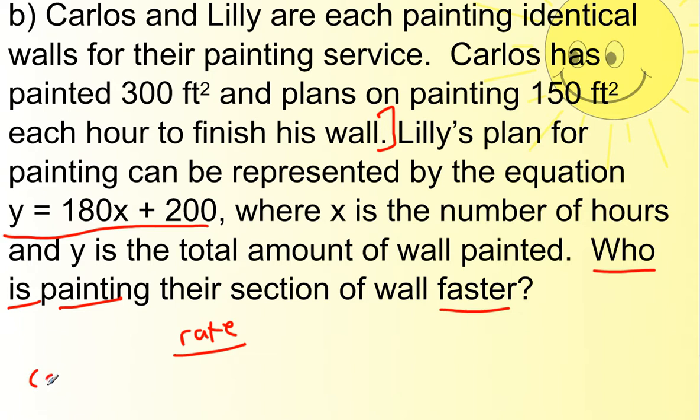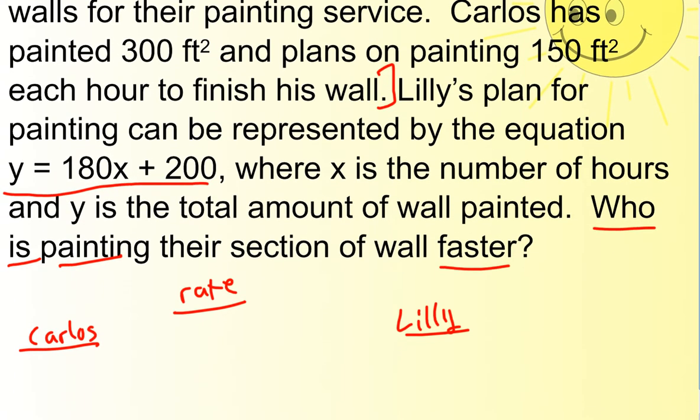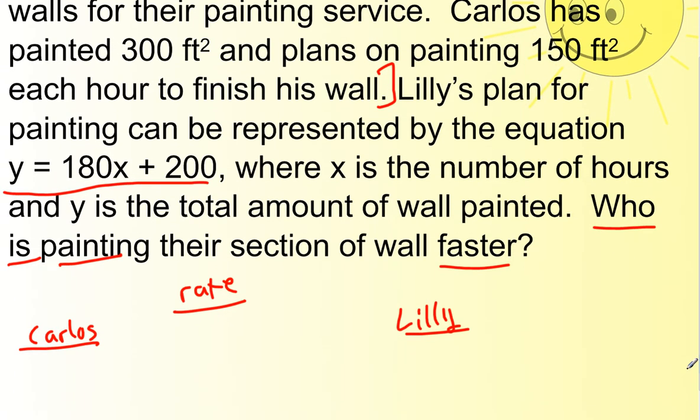We've got Carlos and we've got Lily. All right, so rate is how fast they're moving, how fast they're working. But we also talked back in the vocabulary that the slope of a line is a rate of change. So the slope is this rate. That's the thing that we want to be looking at. So slope and rate are the same.